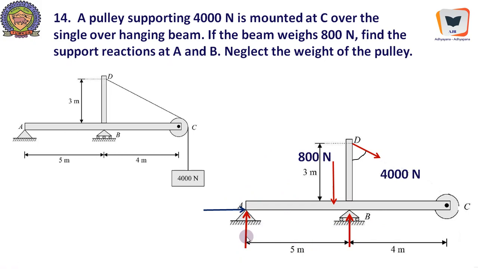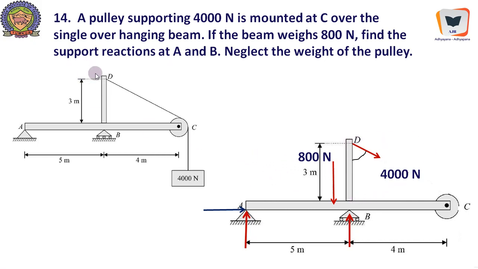This is VA and this is VB, and this is the horizontal reaction at A. There should be a horizontal reaction because the tension force is inclined, and there is a horizontal component, that is 4,000 sin theta, acting in rightward direction.